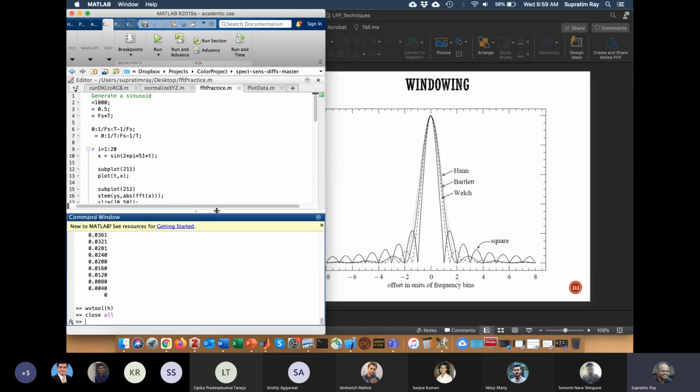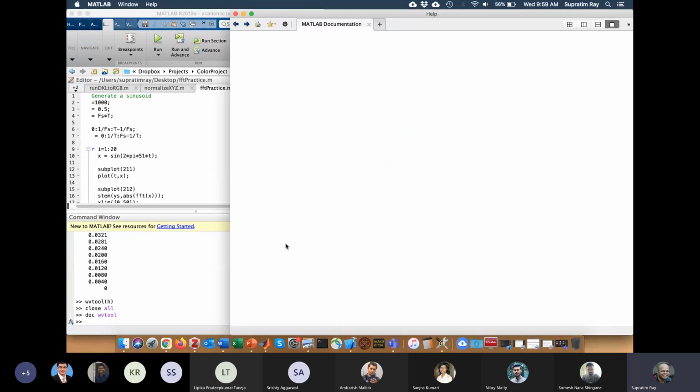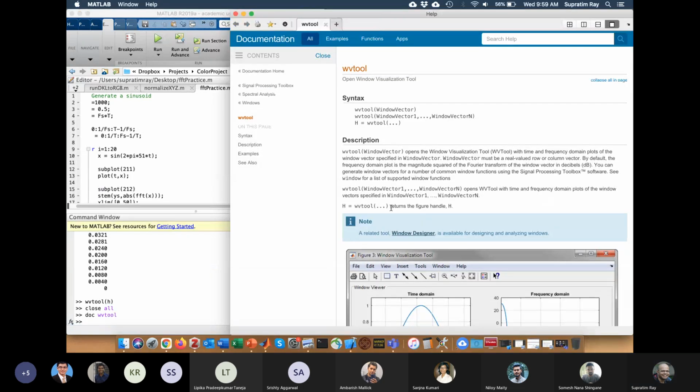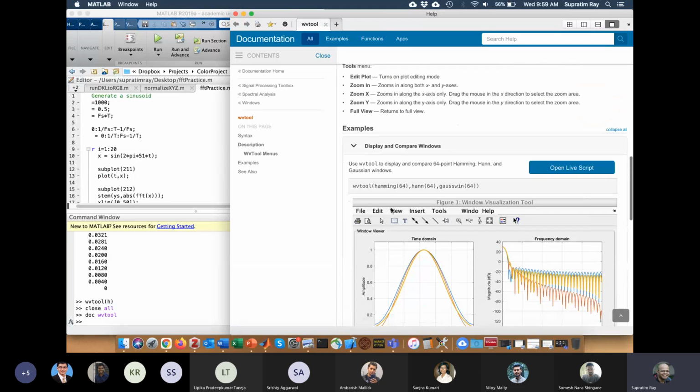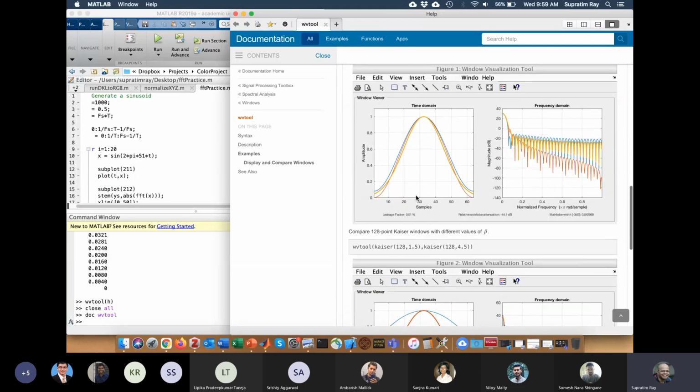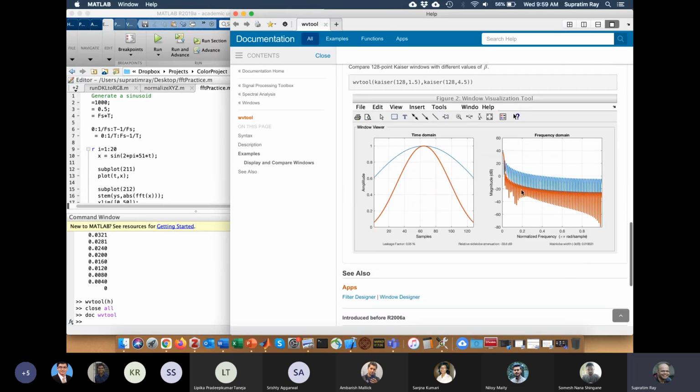There's a whole GUI present, a windowing toolbox. If you do doc wvtool, it will tell you what other commands there are. You can learn a lot about windowing. Here you have put multiple windows and you have seen how they distort the signal.